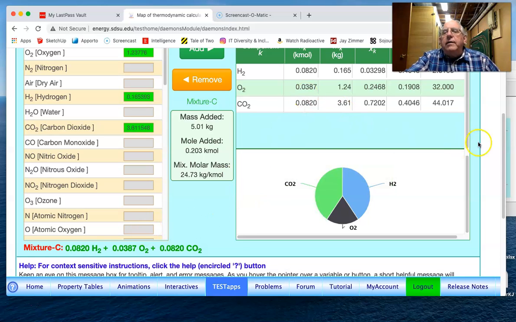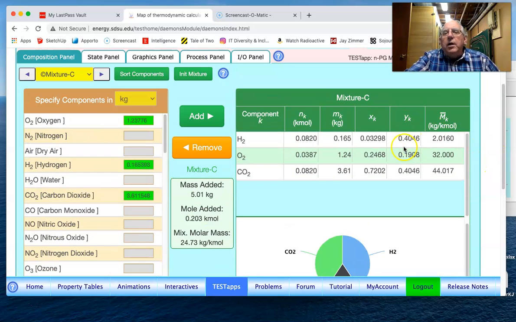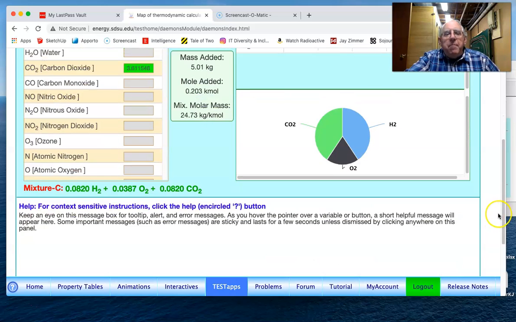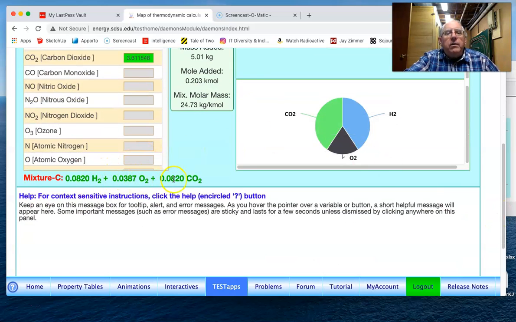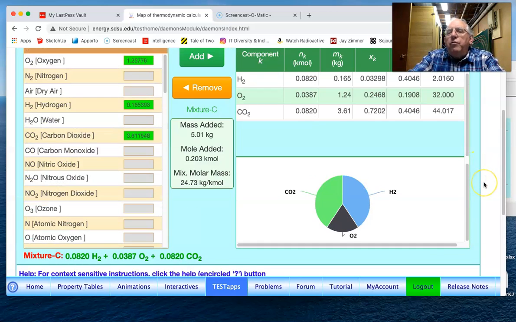Now you'll notice that the mole fractions here, 0.4, 0.19, 0.4, do not match up with these over here. Okay, but what they do is that they are in the right proportion. Okay, and so in combustion, all you had to have is the right proportion of the various mole fractions.